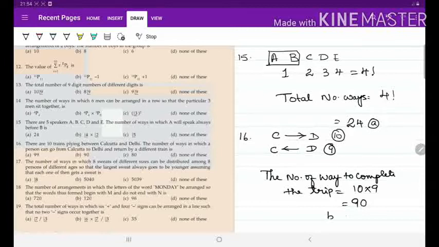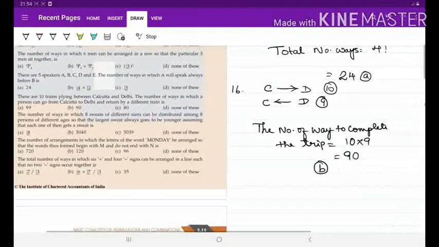Let's discuss question number 17. The number of ways in which 8 sweets of different sizes can be distributed among 8 persons of different ages so that the largest sweet always goes to the youngest, assuming that each one of them gets a sweet, is.